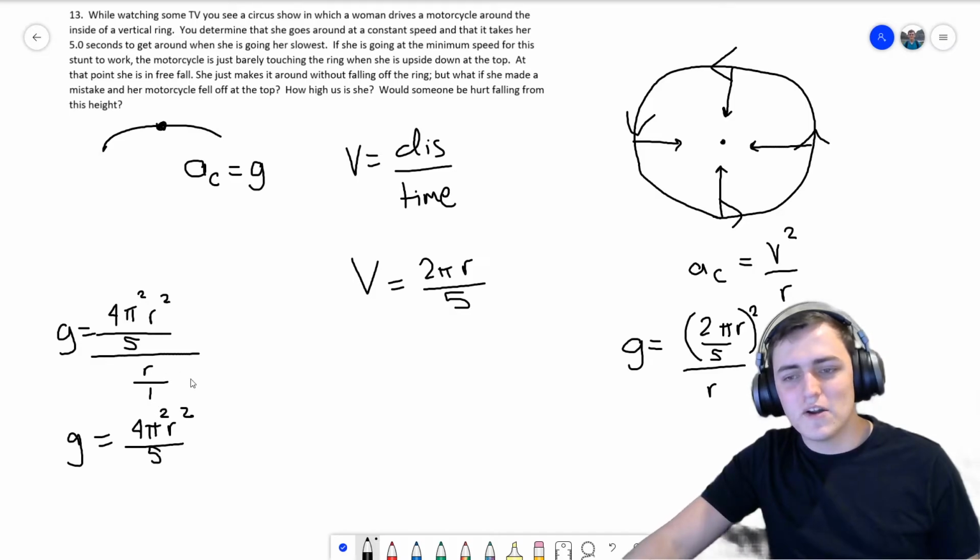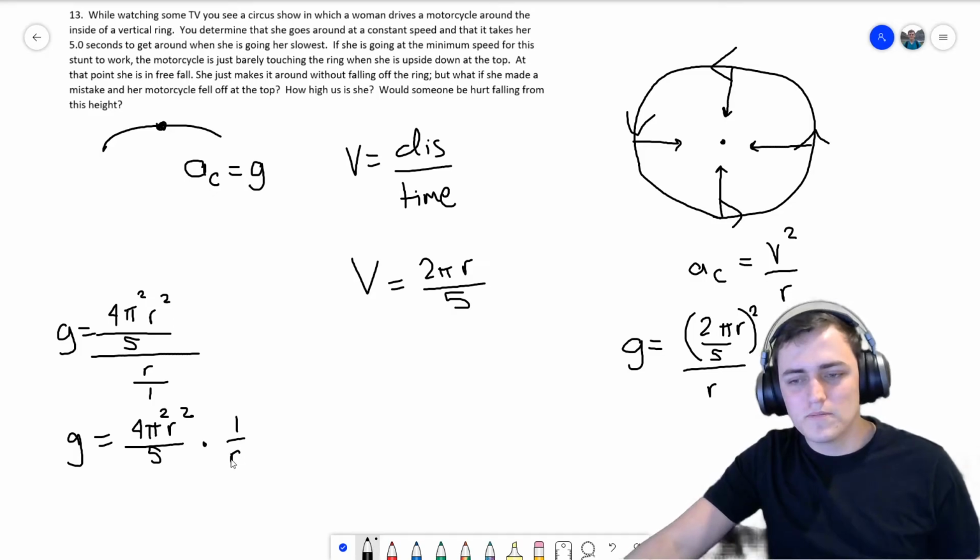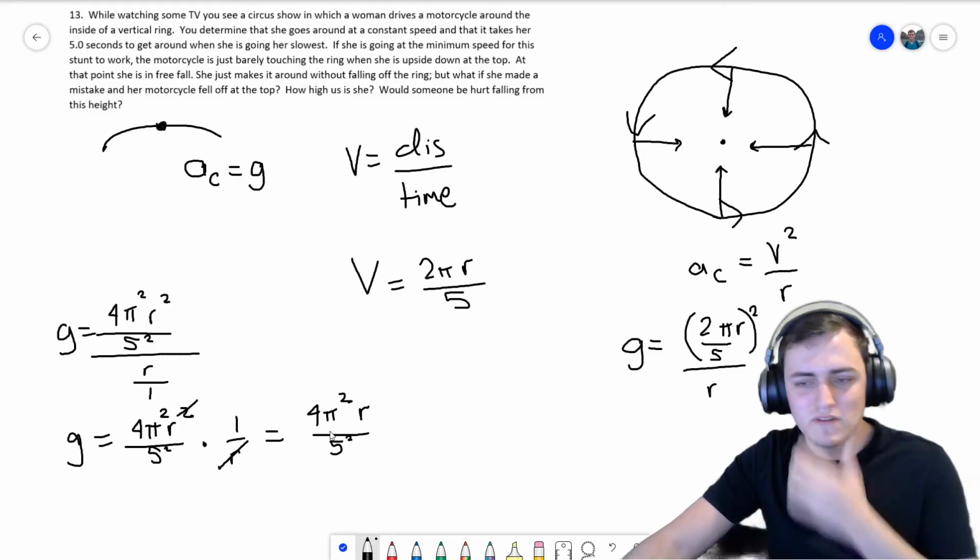The fraction in the bottom is just r over 1, but we can instead multiply by 1 over r. And we see that this r cancels out with one r in the numerator. And so we have 4 pi squared, and just r to the power of 1, over 5. And we made a mistake. We forgot to put that 5 squared. That's going to be a 25.